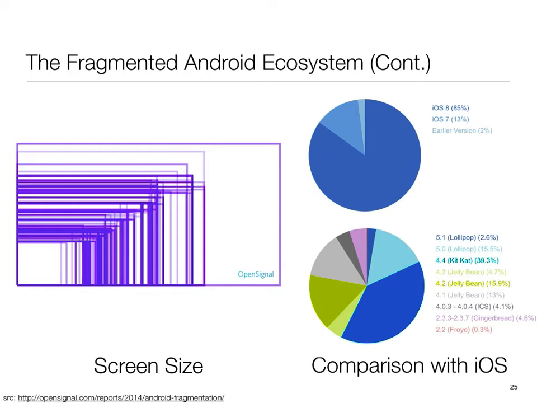And when 5.1 or Lollipop came out, only 2.6% of devices supported it, whereas the next biggest majority was 4.4, two versions before that, at 39.3%.